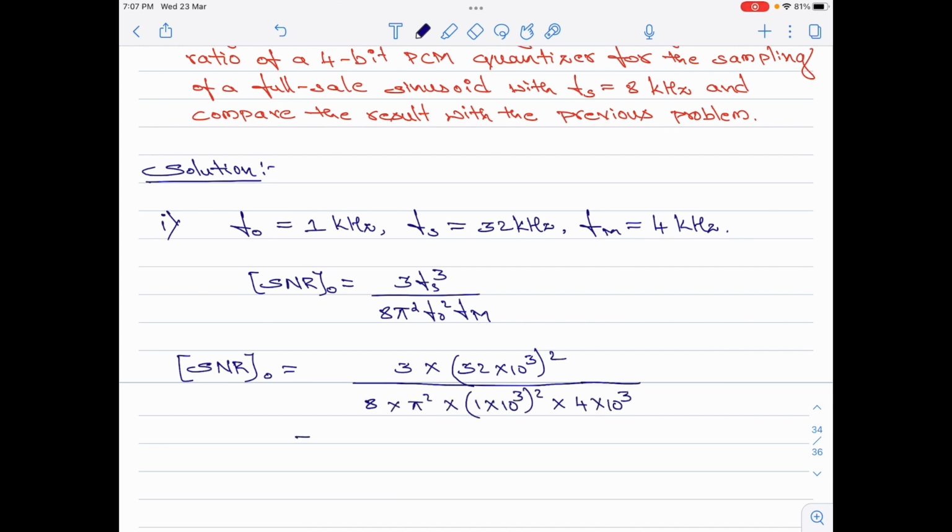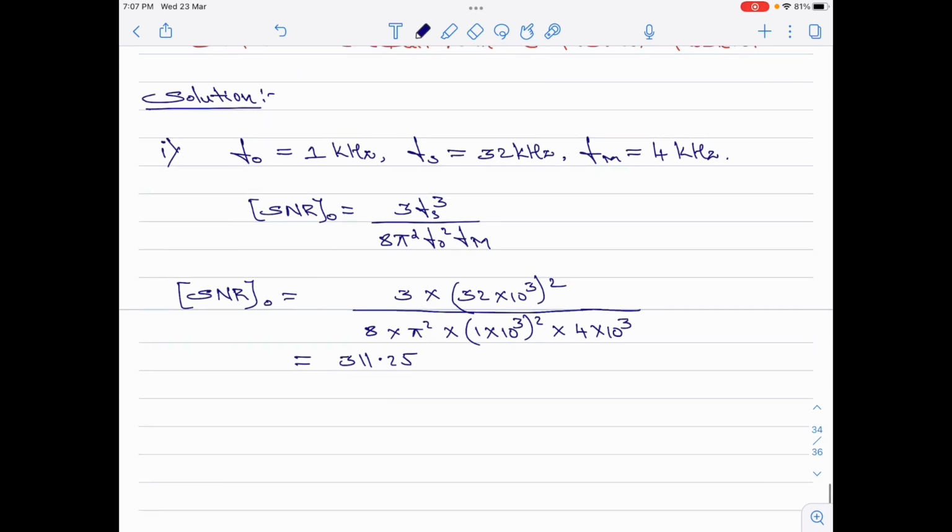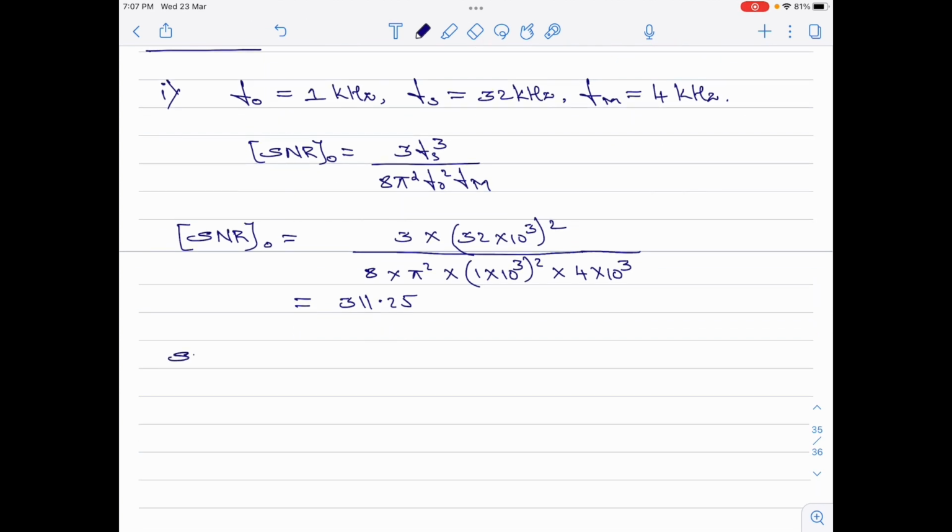Upon simplification, this is equal to 311.25. No unit because it is signal to noise ratio. However, let us now represent this in terms of dB. The value of SNR output in terms of dB is given by the expression 10 log 10 of SNR output.